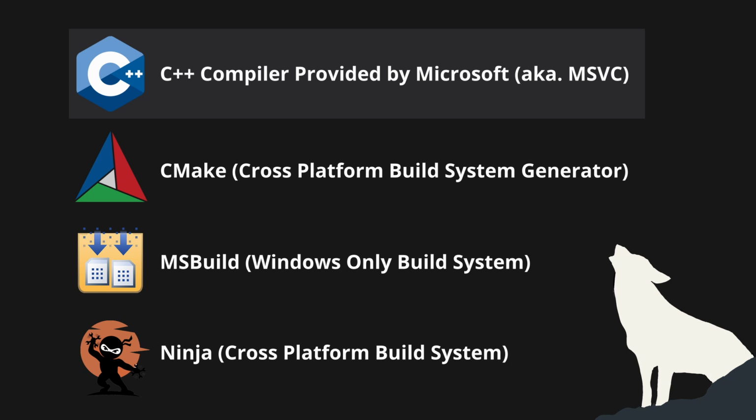To install the C++ compiler of Microsoft, aka MSVC, we need to install Visual Studio or Build Tools for Visual Studio. You may not want to install Visual Studio. Maybe you are focused on continuous integration and automated systems, and you can save your time by only installing Build Tools.